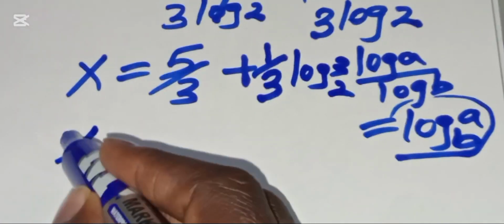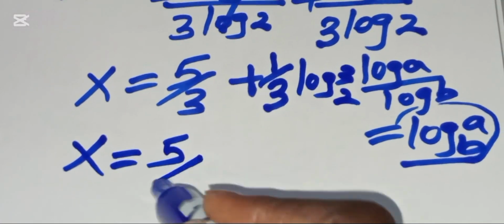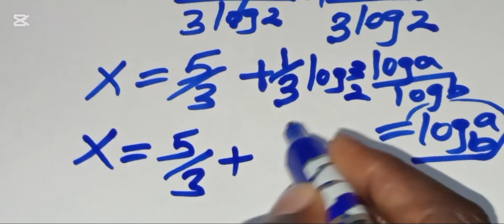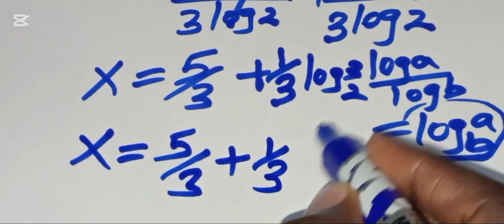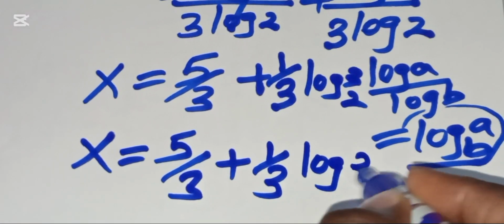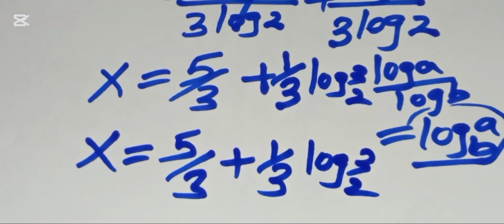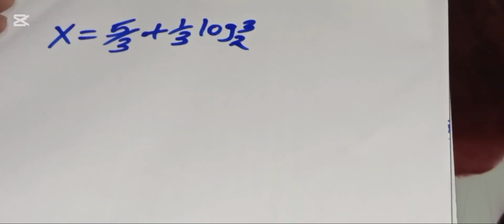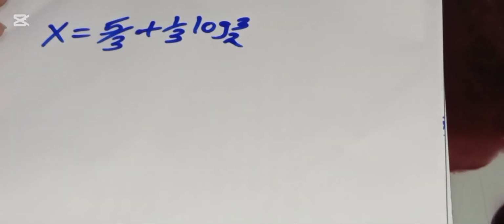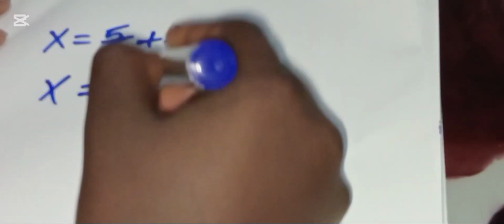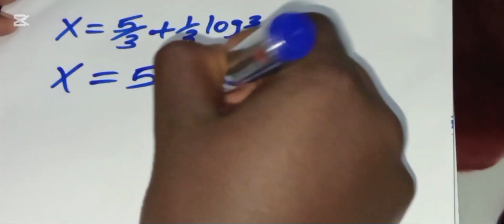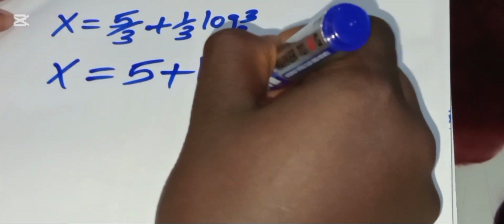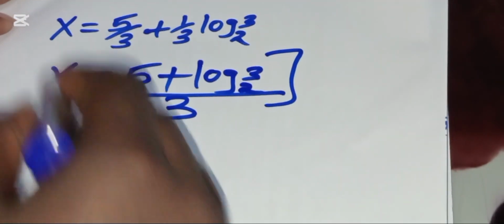So x is equal to 5 over 3 plus a third log 3 to base 2, which you can write as x is equal to 5 plus log 3 to base 2, divide everything by 3. So this is the value of x.